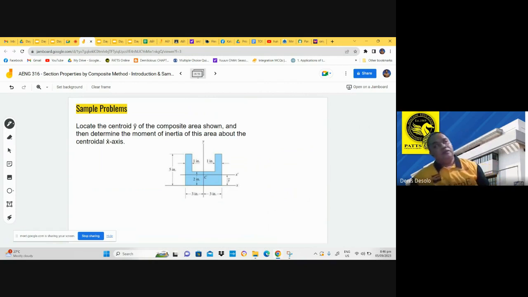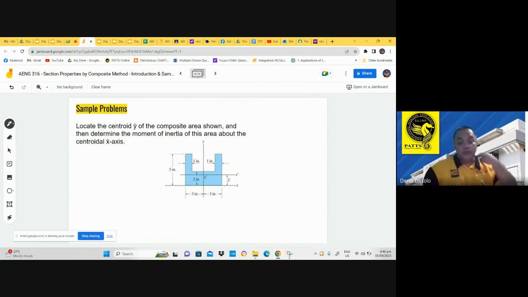The problem, or the figure, will normally tell you how many times you're going to divide the figure. Sometimes it doesn't, but normally it does. Since we can have three pieces of this original figure, meaning we can divide the whole thing into three different areas, and obviously all areas are rectangles.